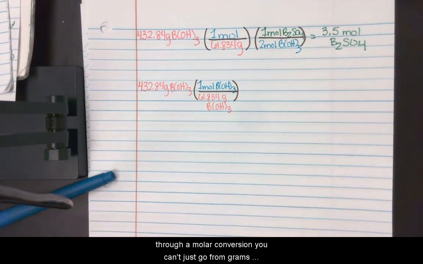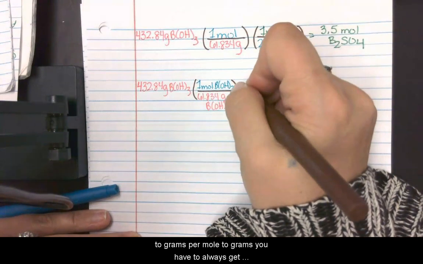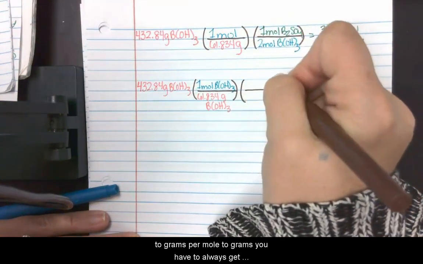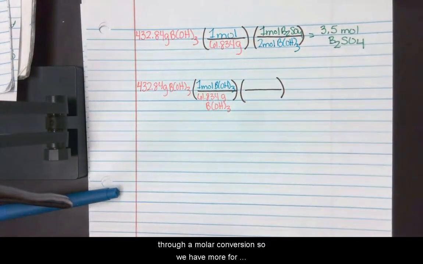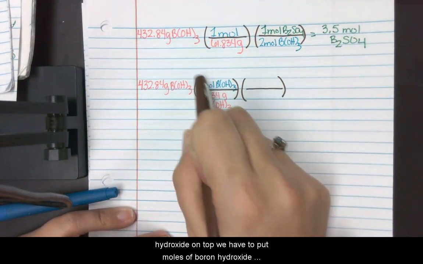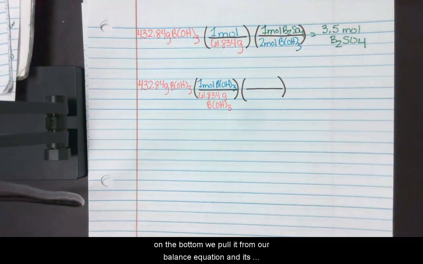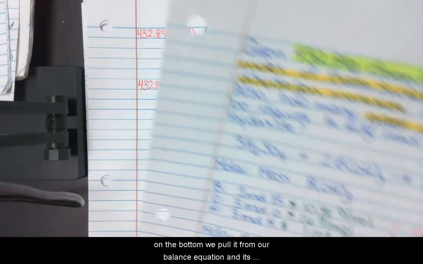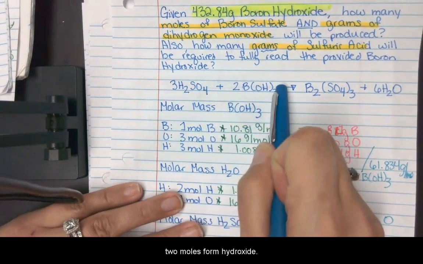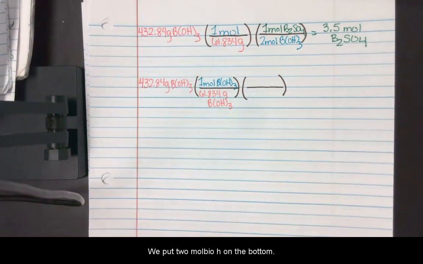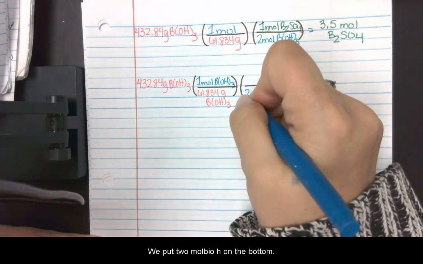You can't just go from grams to grams or moles to grams. You have to always go through a molar conversion. So we have mole boron hydroxide on top. We have to put moles of boron hydroxide on the bottom. We pull it from our balanced equation, and it's 2 moles boron hydroxide. So we put 2 mole BOH on the bottom.